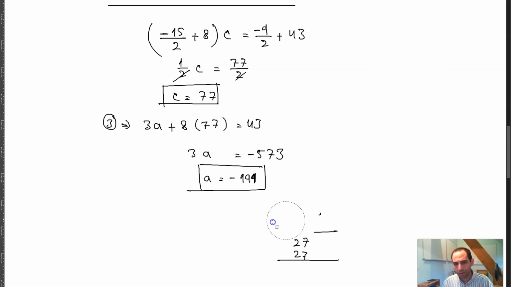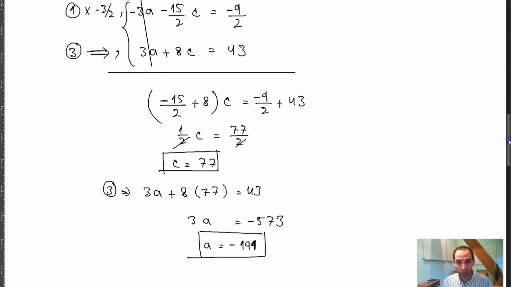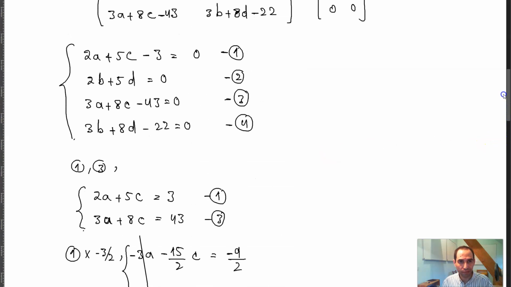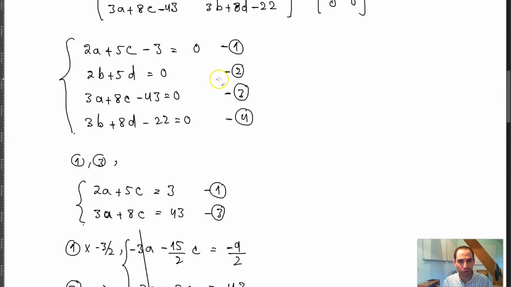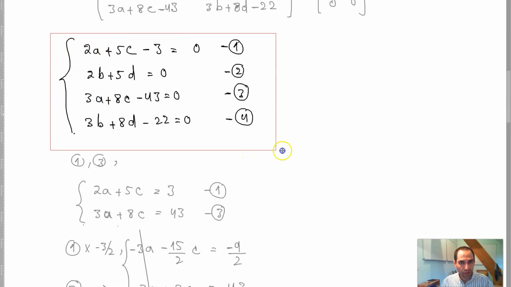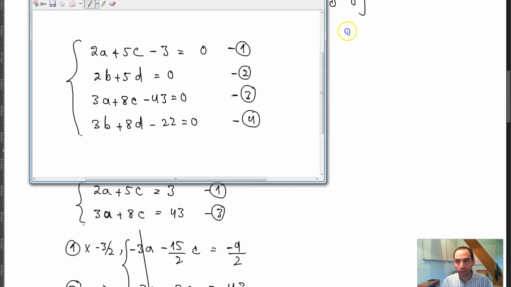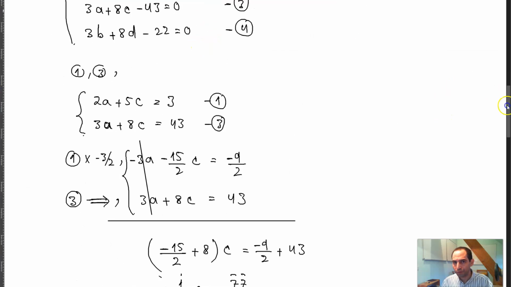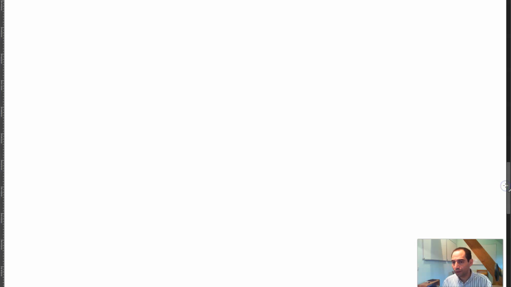Now, we need to create another system of equations for B and D, which is equations 2 and 4. These two. So I make a screenshot here and put this over there.